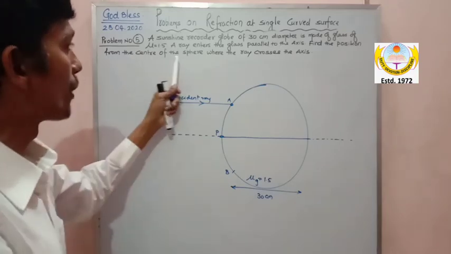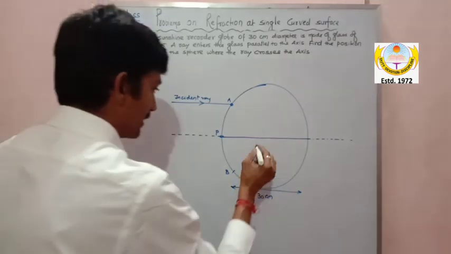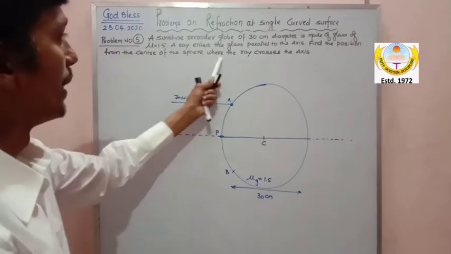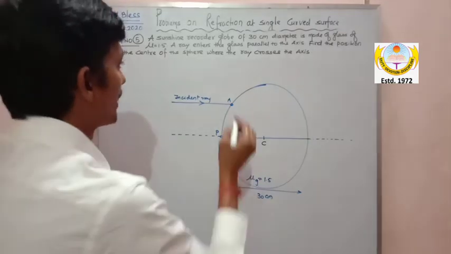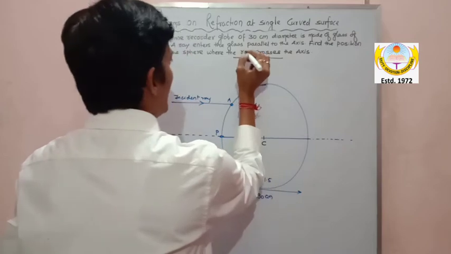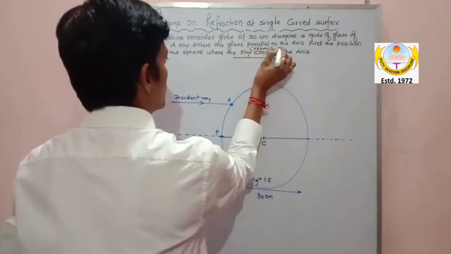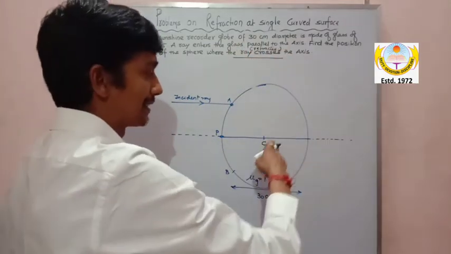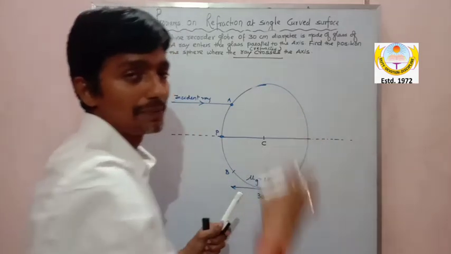Find the position from the center of the sphere where the ray crosses the axis. So here I take the center of the sphere. Where the ray crosses the axis, which ray? That is the refracted ray. The refracted ray, that is the image, crosses the axis, and that distance, the image's distance from the center of curvature, we have to measure.